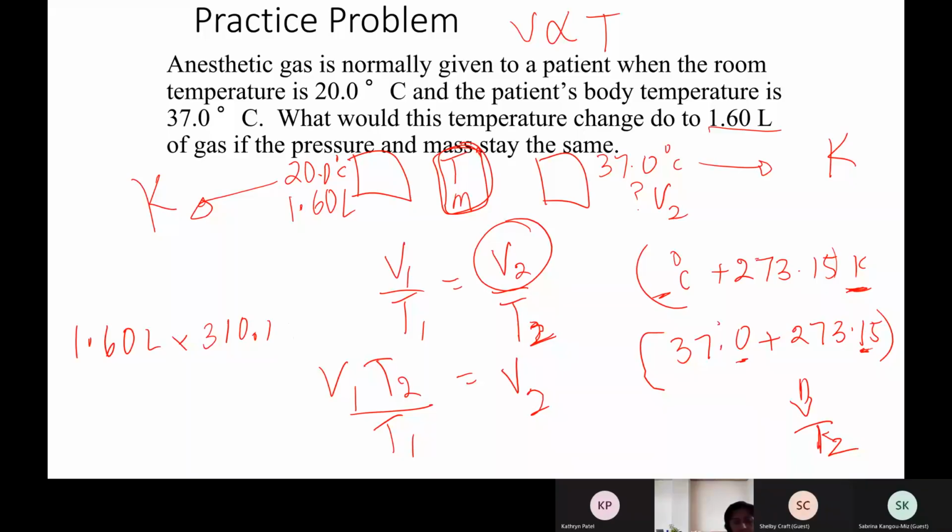Divide by T1, which is 293.1, right? This is in Kelvin, this is in Kelvin, Kelvin cancels out, and you get the answer in liters. Okay, next one.